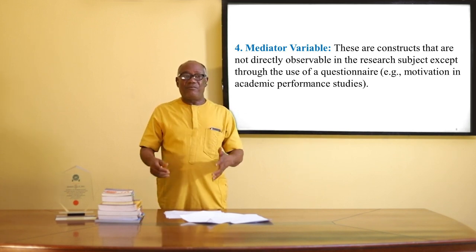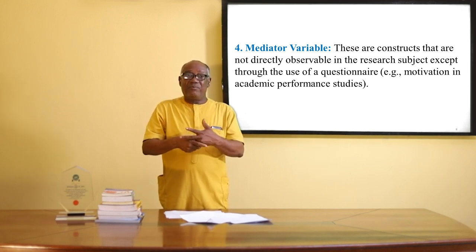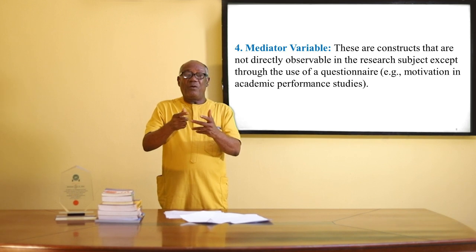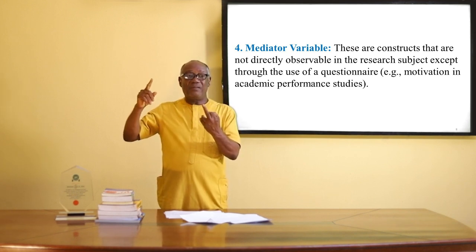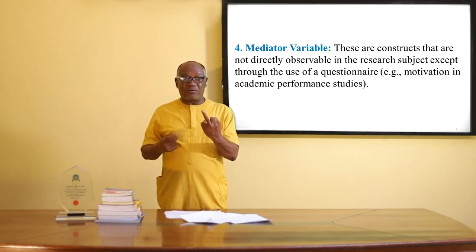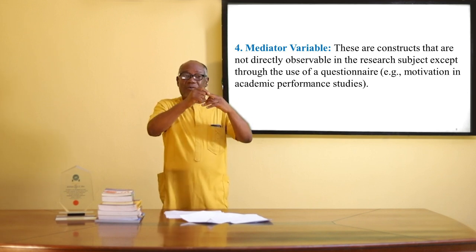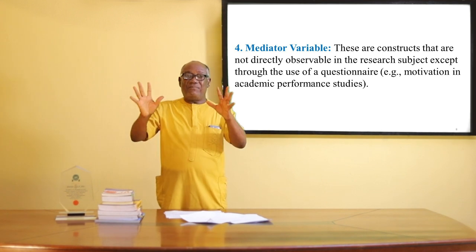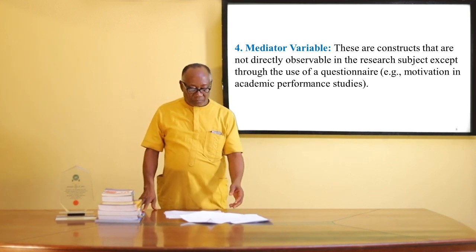So when you carry out research in which mediator variables are used, you will need a questionnaire to add to the instruments you use to collect your dependent variable outcome, in order to establish whether the student has high or low interest, high or low motivation, as it affects students' performance in the learning process.